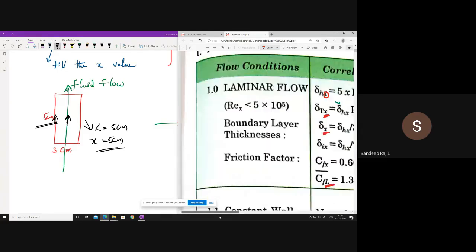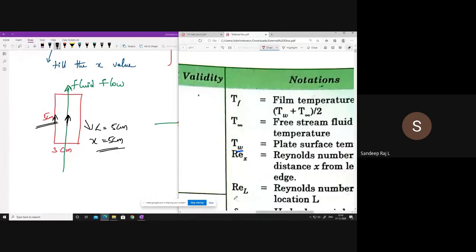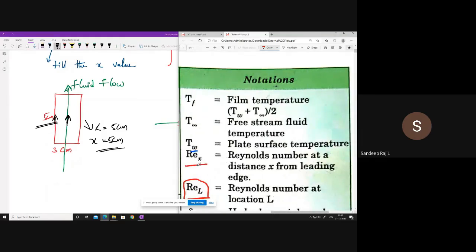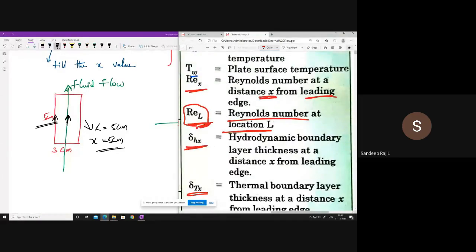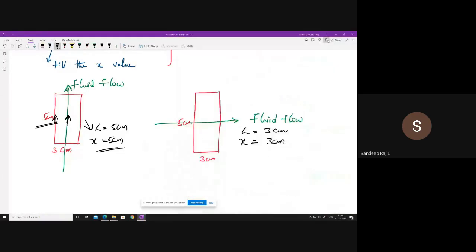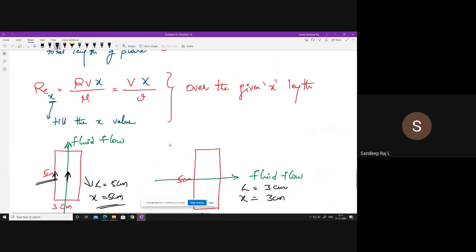Even for Re, it will mention Re_x or Re_L. So there is a difference between your Re_x and Re_L. Re_x means the Reynolds number from the starting, the leading edge, that is the starting edge, till the distance x, and Re_L is the Reynolds number at location L, that is, for the entire length. So that's how we should go about the calculation of Re.